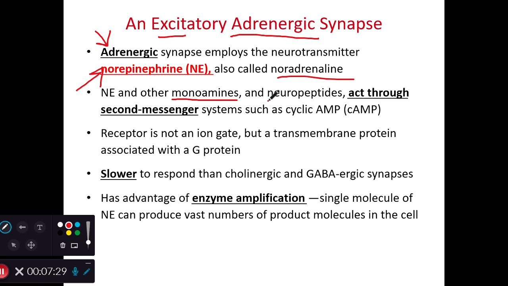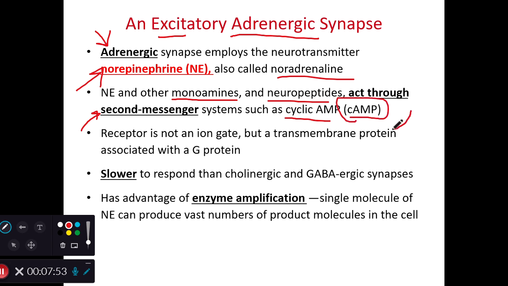based neurotransmitter, and like neuropeptides, they act through secondary messenger systems. We talked about secondary messenger systems in chapter 3 of this class when we talked about G-coupled protein cascades. The 2 most common secondary messengers are calcium ions and cyclic AMP, oftentimes abbreviated as cAMP.